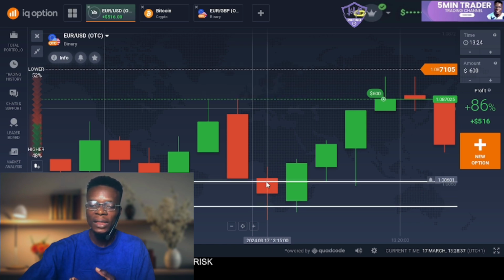So you can see the areas where the price moved and how it closed, it is a price that closed in favor of the buyers, even though it is a red candle, because the wicks on the buyer side are much more than the wicks on the seller side.